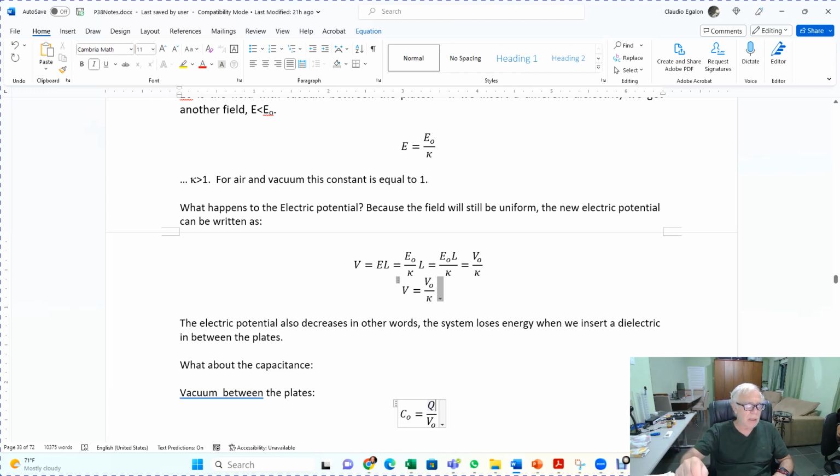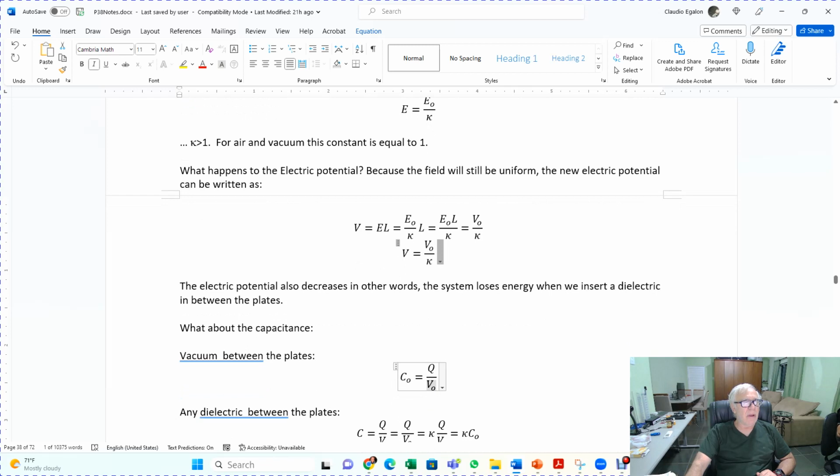If I put 1 millicoulomb in one plate, minus 1 millicoulomb in each of the plates, plus 1 millicoulomb in the other plate, the amount of charge will remain the same whether you put a dielectric material there or not. What's going to change is the electric potential. So that's what we have here for the capacitance with air or vacuum in between the plates.